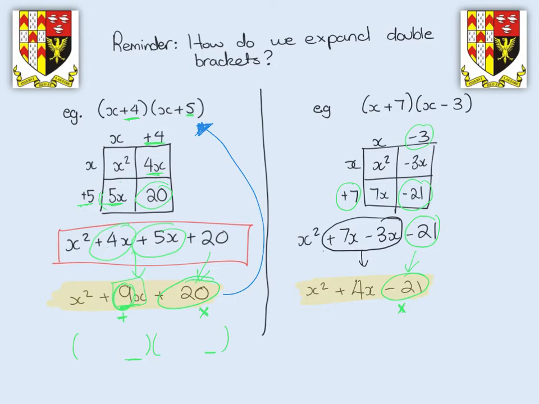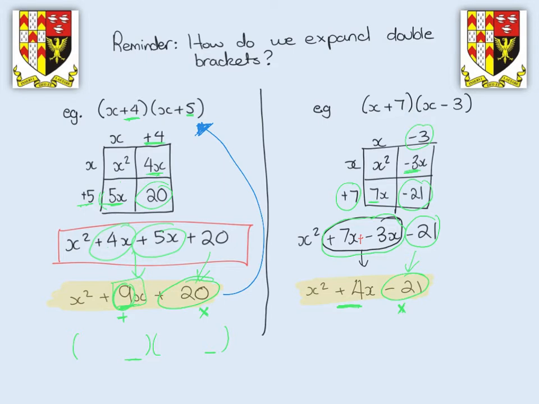And then you can see that I've got a positive 4x, and that's just come from the minus 3x plus 7x, or the other way around, a positive 7x minus 3x, which is going to give me a positive 4x there. So that came from me combining these two terms, the 7x and the 3x, by adding them together. I know it says subtract here, but you could think of it as 7x plus minus 3x, which is the same thing, okay? So it's those two terms added together there.